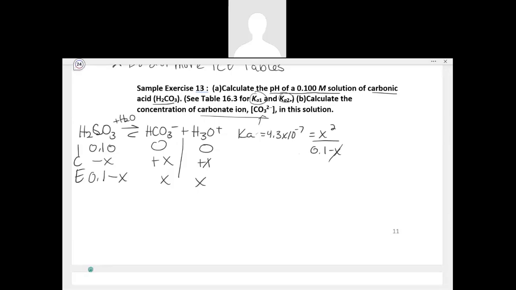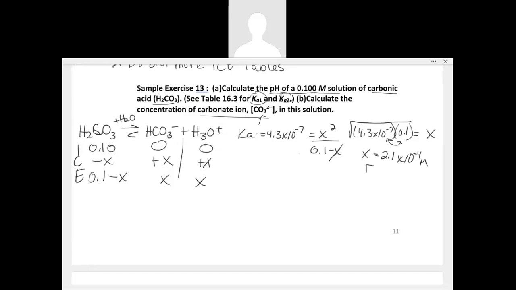Eventually, we're going to have 4.3 times 10 to the negative 7 times 0.1 equals x squared, and we take the square root of both sides. So multiply these together, take the square root. We get our x in this first portion to be 2.1 times 10 to the negative 4 molar.